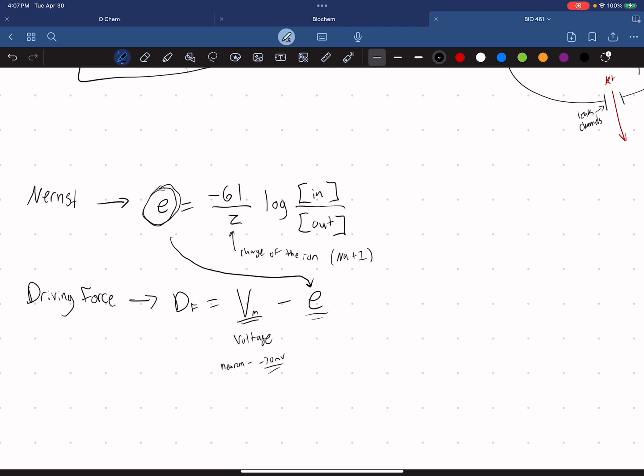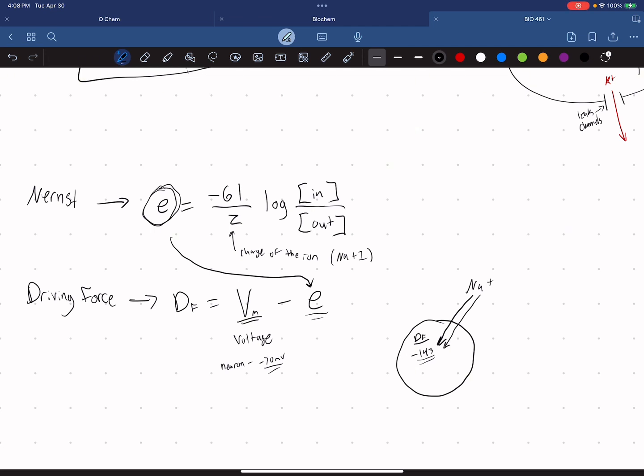And so this driving force, like I said, talks about the want for ions to move. So say for sodium, if we calculate a driving force, which will always be on the inside of the cell, a driving force of -143, just throwing out a random number, because this sodium is positively charged, it is really going to want to go into the cell in order to reach an equilibrium with this highly negative charge.